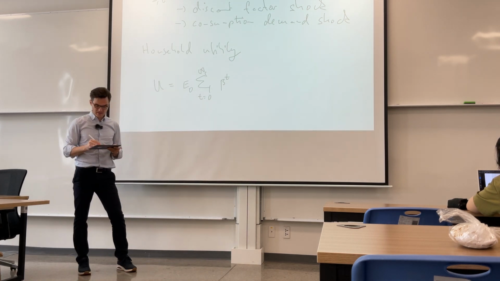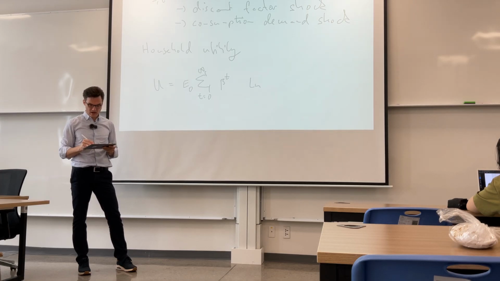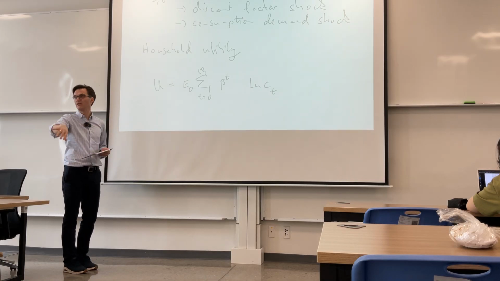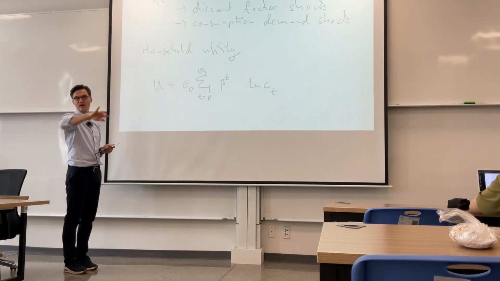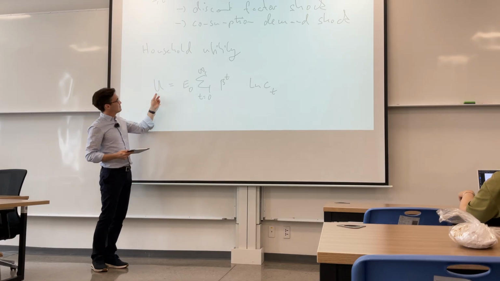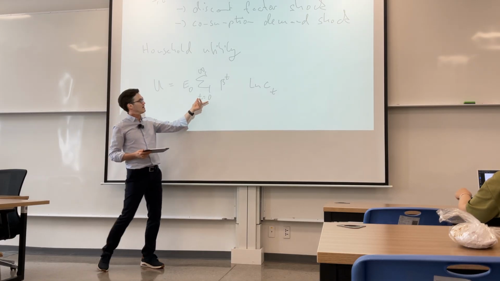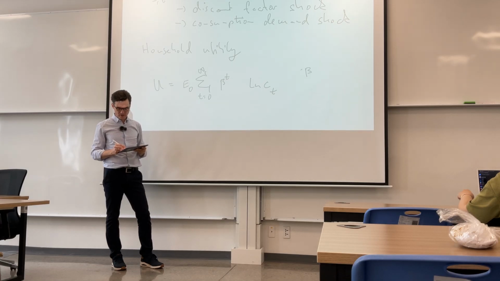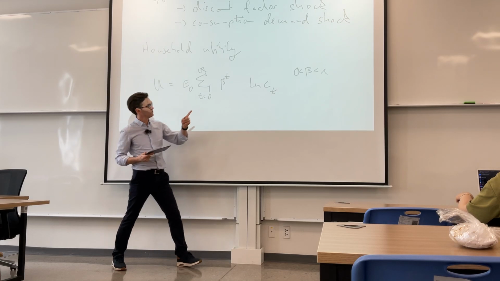Suppose households take utility from consumption, and for now let's forget about the disutility of work. This is typically how we write the present value utility for the household, where beta is a number between 0 and 1.